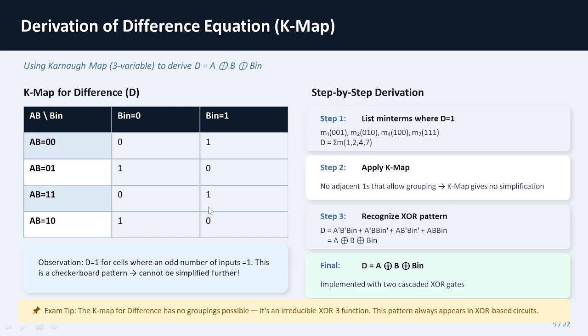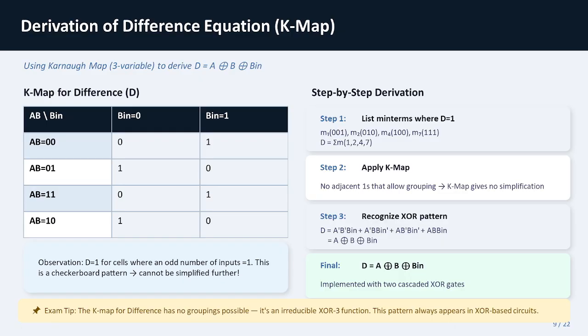You can't group them, therefore no simplification is possible. So this type of function is called an irreducible function, okay? Just keep the terminology in your mind: irreducible function, okay?